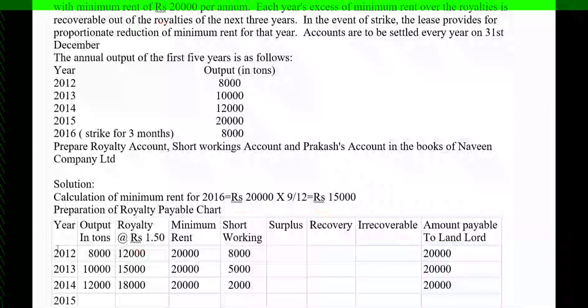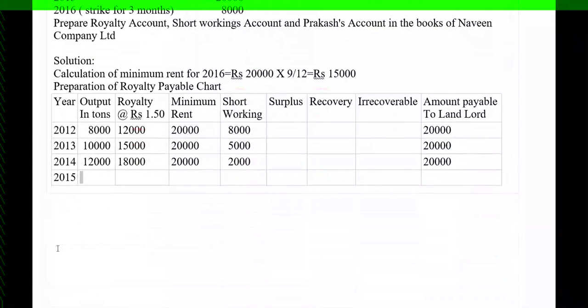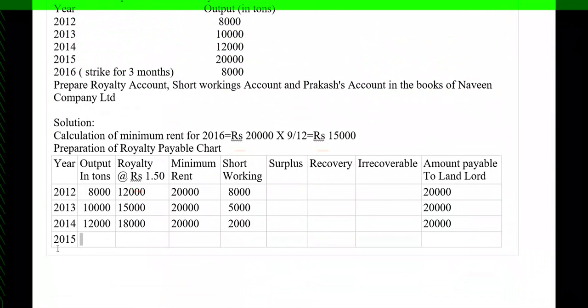Then 2015. Here the output is given as 20,000. So 20,000 into 1.5 comes to 30,000. Minimum rent is 20,000. So now there is a surplus of rupees 10,000. While recovering, the right of recoupment is for the next 3 years. So 2012 by 2015, we have 8,000, so the entire 8,000 can be recovered.